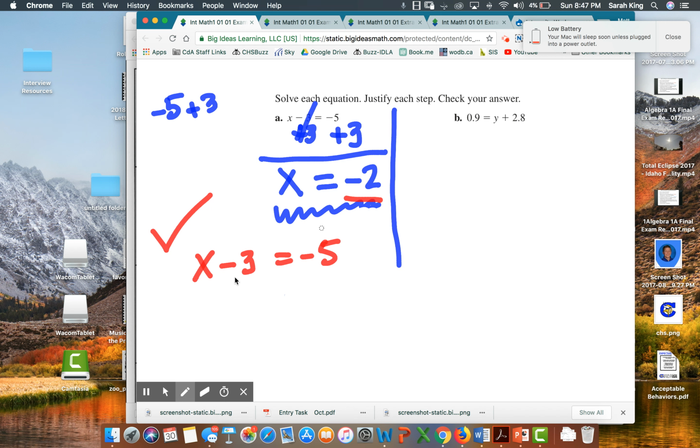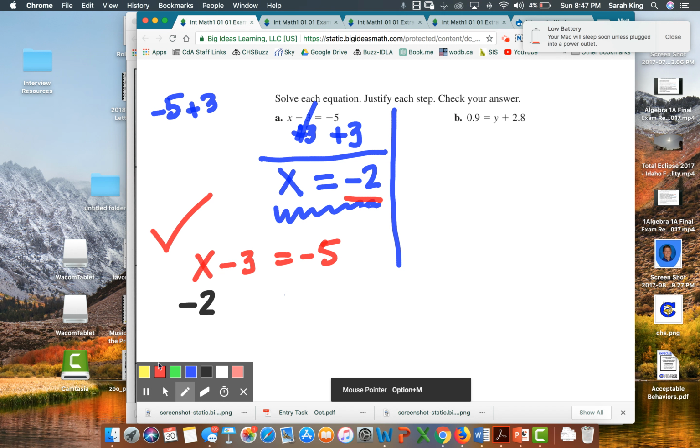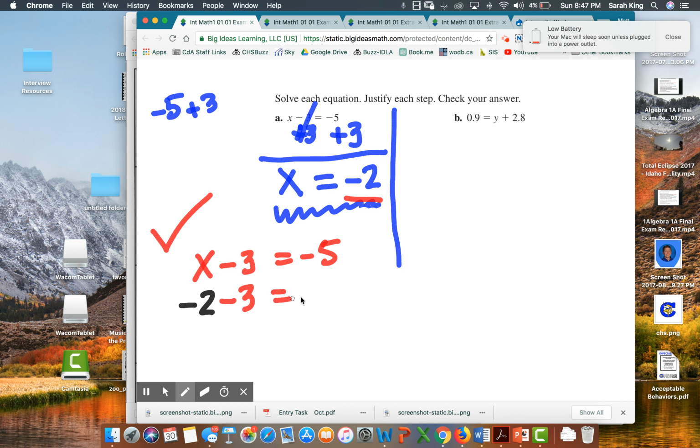I'm going to take that -2 and place it right where the x value is. Then -2 minus 3 equals -5. Is that true? Does that work out? It does. The arithmetic works out where it's -5 equals -5. And so, yes, it checks.